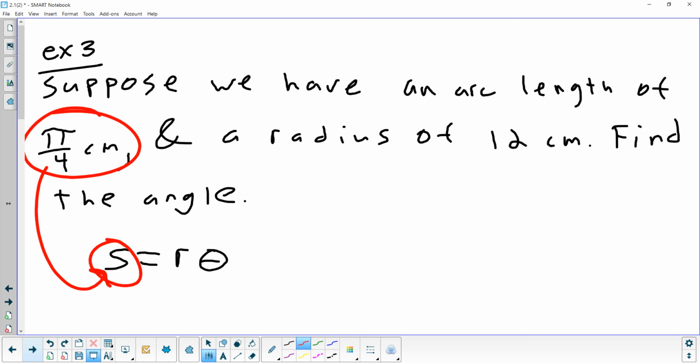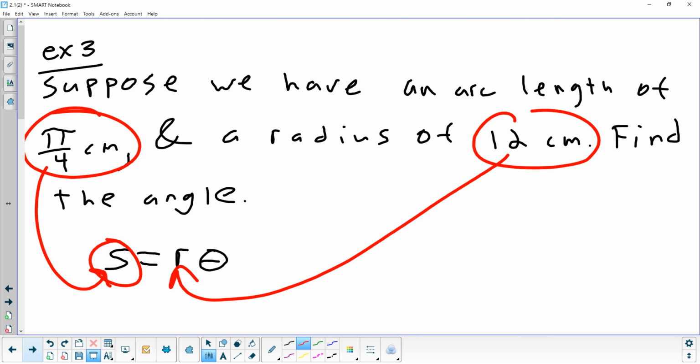And what about the 12 centimeters? Don, where's the 12 centimeters going to go? In the denominator of the second half. So is it the S, the R, or the theta? The R. It's the R, yeah.